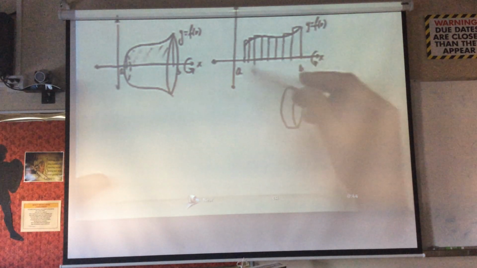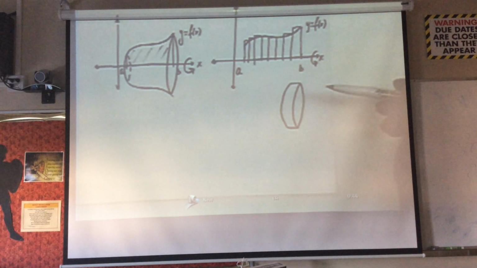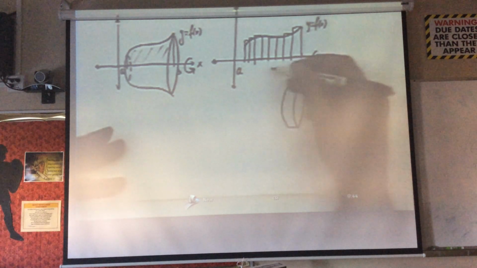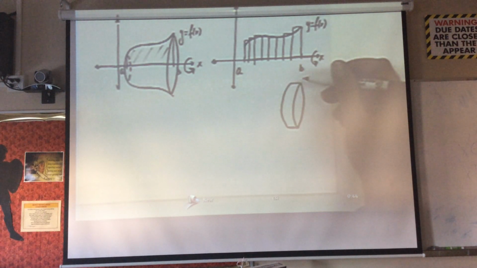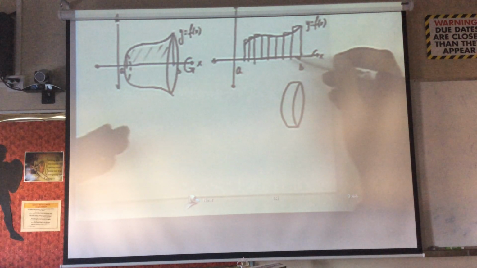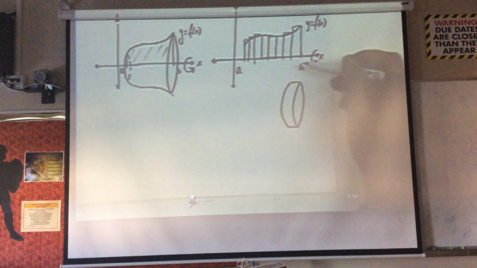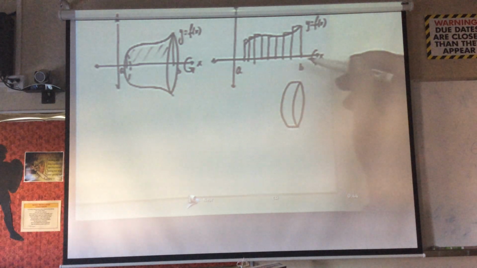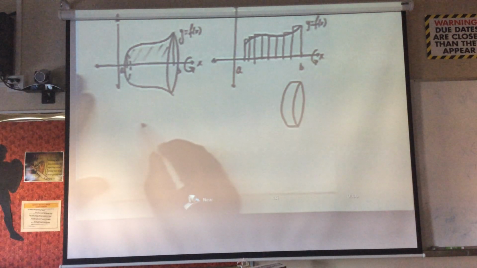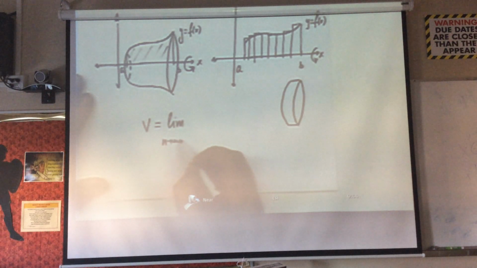Because I can describe the same process here, finding volumes, and still using a limit, because I will have an infinite number of cylinders put in, if n is approaching infinity. Here, n was the number of rectangles, but I can say n is the number of cylinders. But the volume here is just the limit as n approaches infinity.